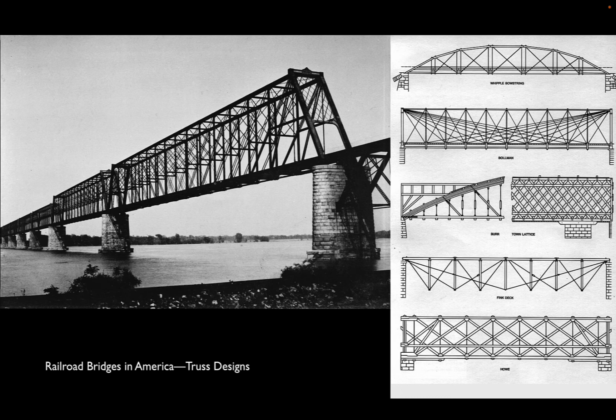On the right, you see some of the types of trusses that were patented in America during the 19th century. All of them basically rely on triangulating the span. In other words, taking what would be a very, very deep steel beam, say, and turning it into a series or a network of triangulated panels.